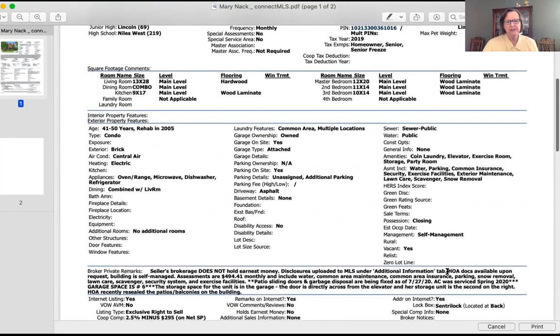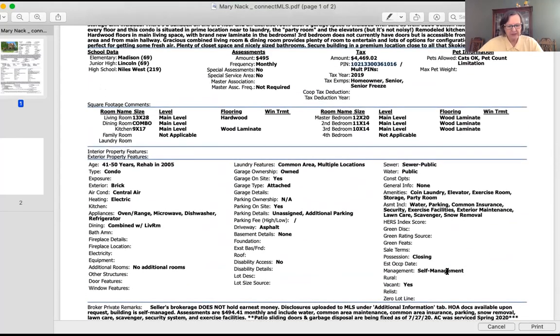But a lot of times, agents don't do the research that's necessary to fill out all of these forms, so they will just leave that blank. And if you put that in as a search criteria, none of those properties will come up. They may allow rentals, but the agent hasn't done the research and hasn't filled it out. So you would be eliminating properties that might actually fit your criteria that you don't know.